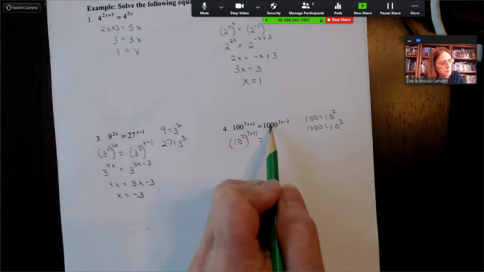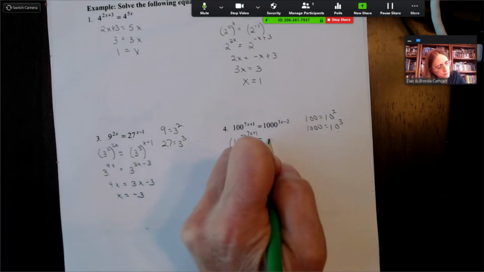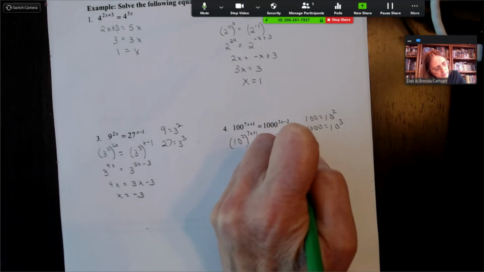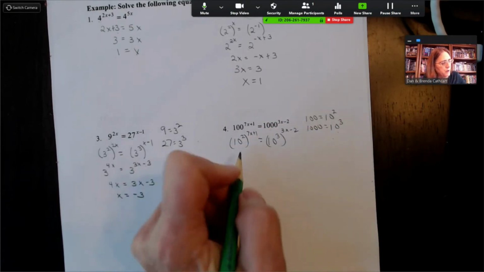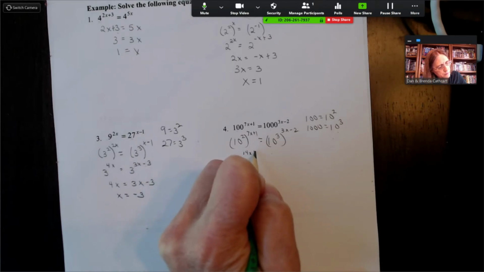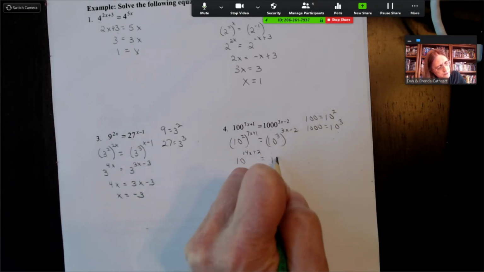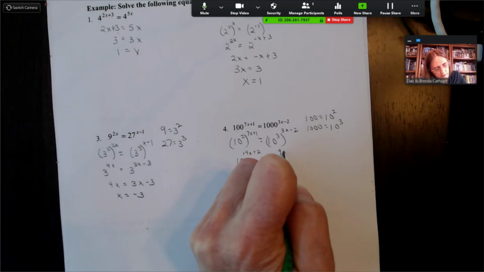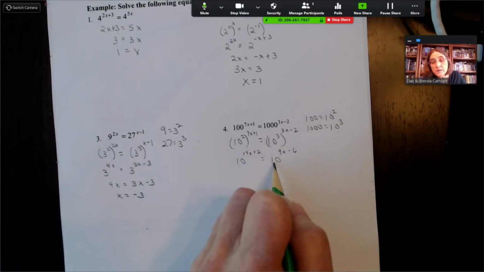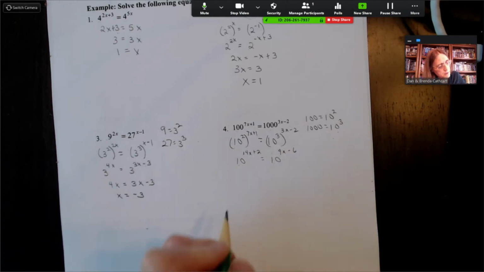On the right side, replacing 1,000 with 10 cubed, we have 10 cubed to the 3x minus 2. Applying the properties of exponents, we have 10 to the power of 14x plus 2 equals 10 to the 9x minus 6. Now the bases are the same, so the exponents must be equal.